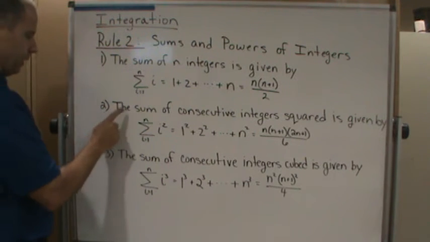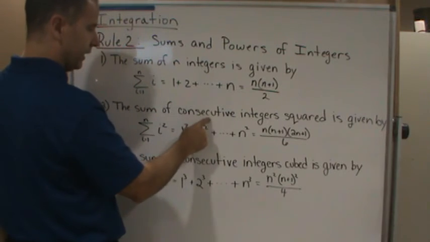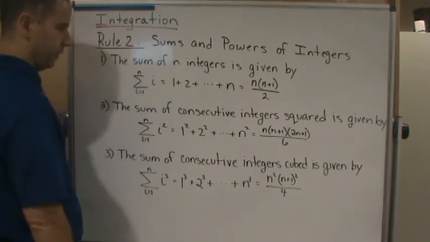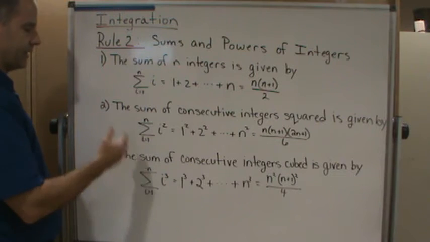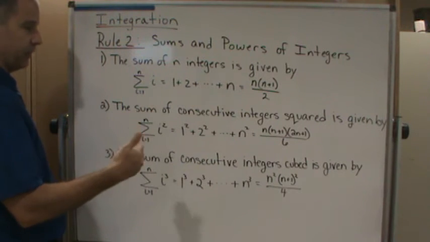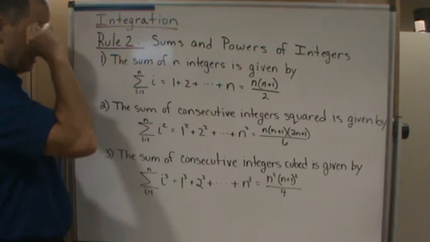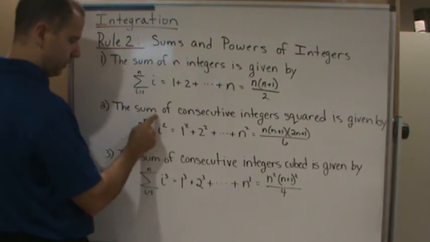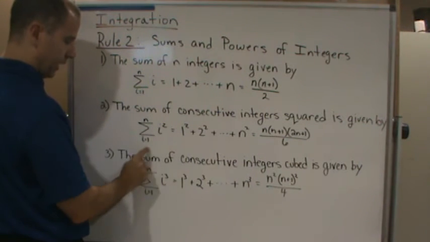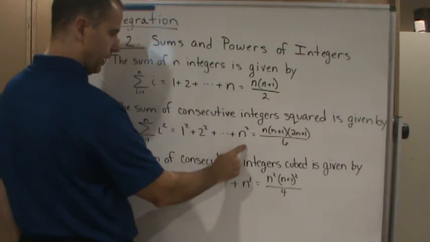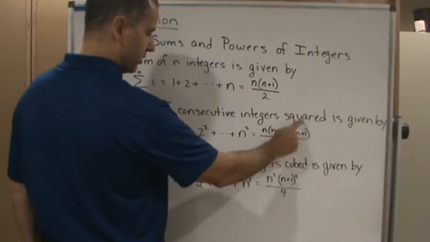Okay, 2. The sum of consecutive integers squared. So if I take the first n consecutive integers squared, that's going to be given by this formula. This is the notation, this is what we're talking about, and this would be the formula that would give you the sum.